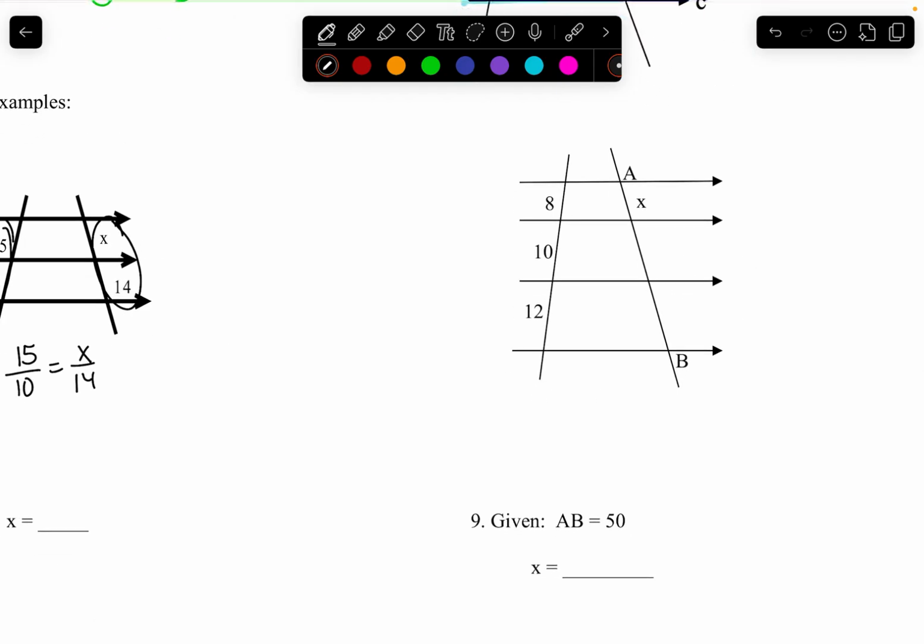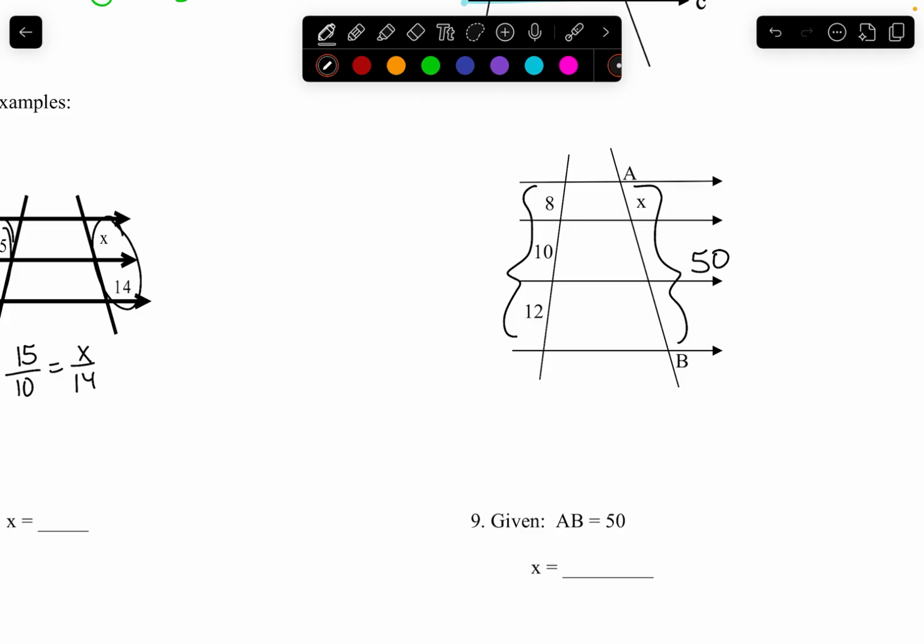Okay, now this one is a little bit funky. This one gives us these 3 measurements over here, and I have this. That's all I've got, okay? So when I look at this, it does give me information. It tells me that the length of AB is 50. So from here to here is 50. Since it's giving me a full side, I actually need to add up all of those measurements over there and get the value of the full left side of this shape.